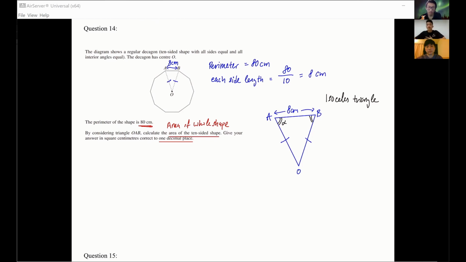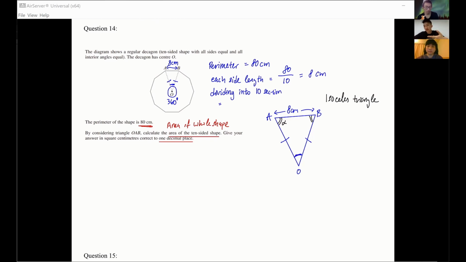And we know that a circle itself is 360 degrees, right? And you are dividing it into 10 sections. So each section, this angle, what do you think it is?